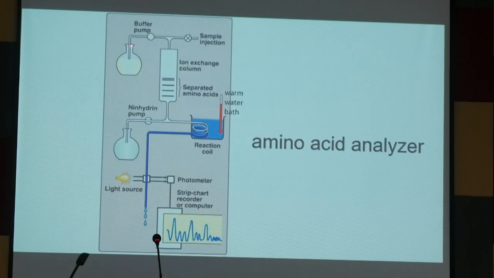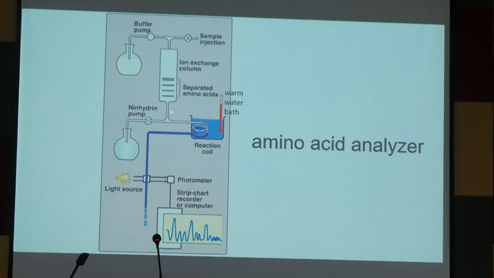So in this picture we can see, first we have already separated the amino acids by breaking the peptide bonds. Now we are injecting the amino acid solution. These different amino acids are getting stuck at different levels. Then we use a buffer or the eluting solution. When we send this solution, one by one, the different amino acids wash away from this column and pass through this coil.